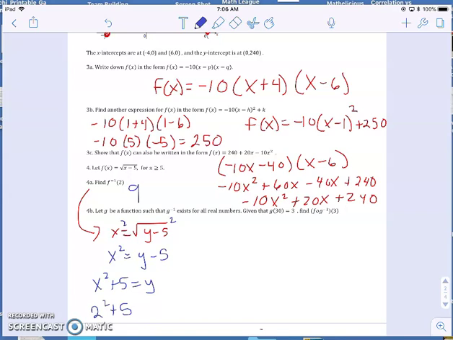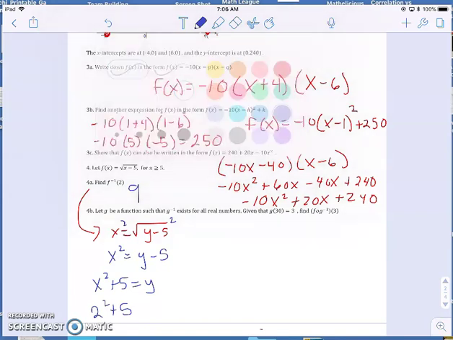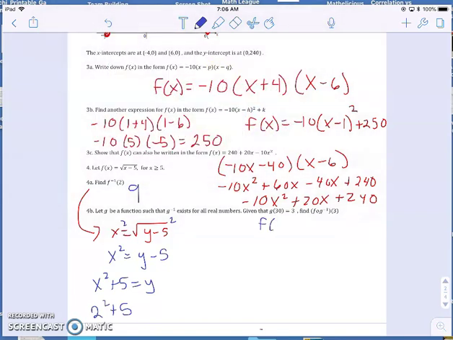Let g of x be a function such that the inverse exists for all real numbers. Given that g of 30 equals 3, find f of g inverse of 3. So let's see. Well, we have our f function, so we need to put our inverse in there. On g of x, we know that the coordinate is 30, 3.